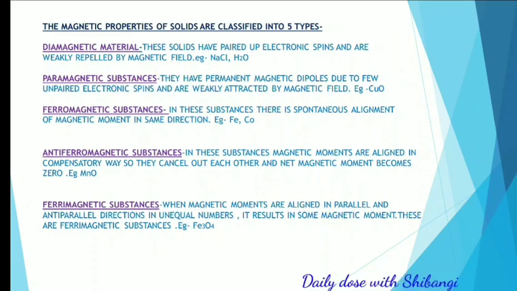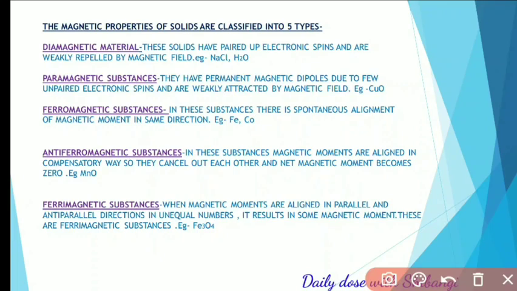The second type we're going to discuss is the paramagnetic substances. The spins are randomly oriented and they have a permanent magnetic dipole due to a few unpaired electrons and are weakly attracted by the magnetic field.